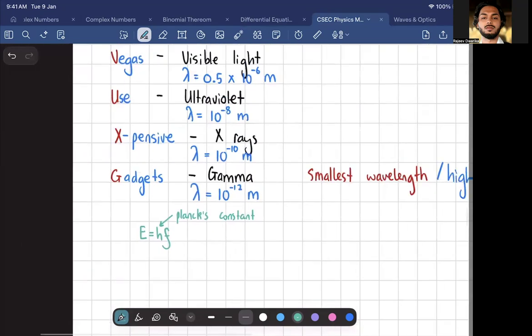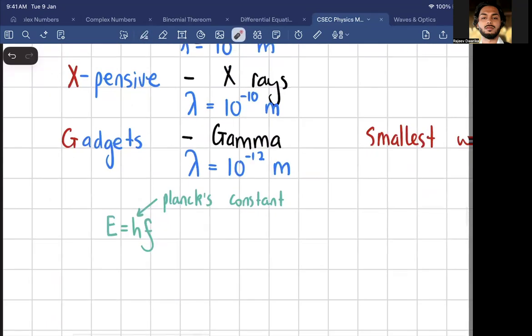So Ambika, in this instance, you would say that energy is what to f? Directly proportional or inversely proportional? What kind of relationship does that look like? Directly proportional. Because watch, if you plug in a big value for f and multiply it by a number, wouldn't E go up?